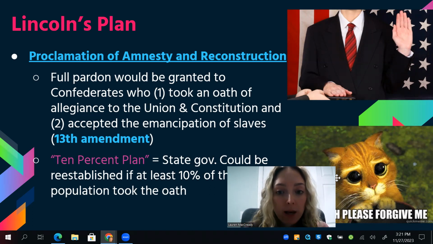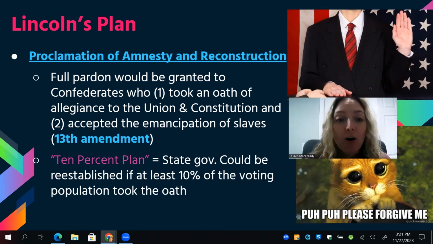The 10% plan refers to the fact that only 10% of the voting population, which is not even women, has to take the oath of loyalty for the entire state to be welcomed back into the Union. That means you could have 90% of the rest of the state giving you the middle finger on the way back in, and they would still need to be accepted back in, according to Lincoln.